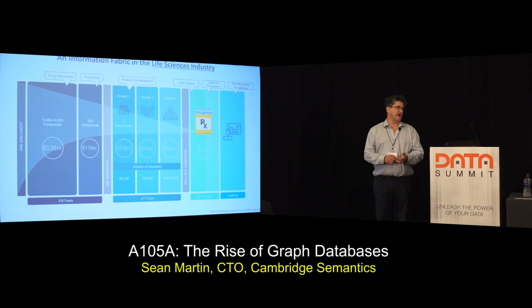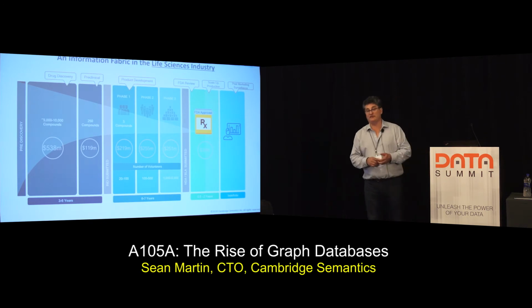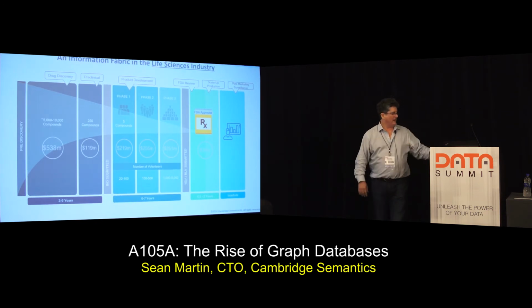In this case, it's the life science business attempting to bring drugs into the world. Currently, it's 10 to 12 years. They want to halve that. They want to decrease the amount of time it takes them to do that. How do they do that when they've got hundreds of applications, hundreds of data systems across that life cycle? How do you look at decreasing that?